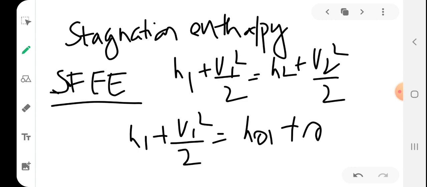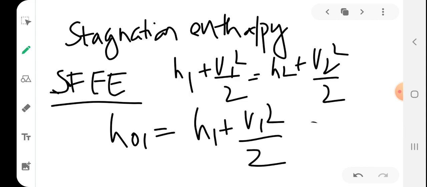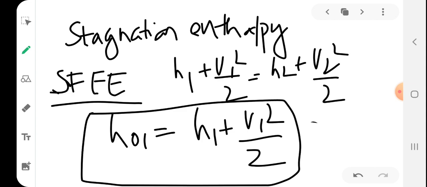Therefore we can write H01 equals H1 plus V1 square by 2. So this is the relationship between stagnation enthalpy and actual enthalpy. The stagnation enthalpy at any location in the flow field is the sum of static enthalpy and the kinetic energy possessed by the fluid at that location.